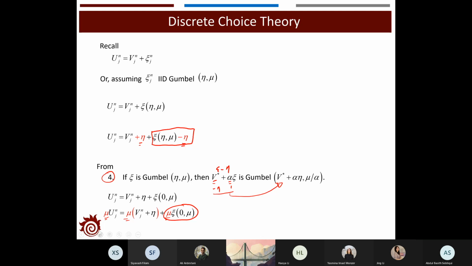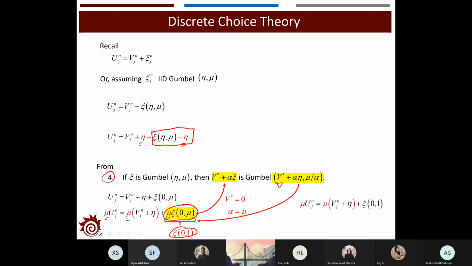If we double check with this one, you can find that this component actually follows a standard distribution, that is epsilon 0, 1. So this can be further simplified.